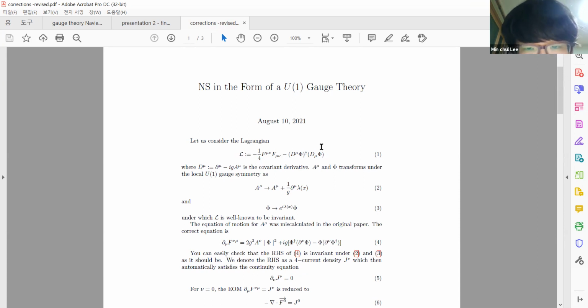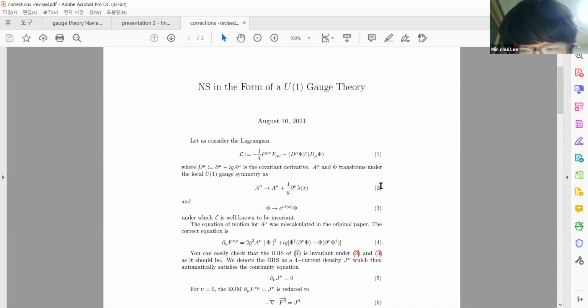And we have a Lagrangian, and I believe you're familiar with the Lagrangian. And we impose a local U(1) symmetry. That is, lambda is a smooth function, and we assume that A and phi are actually cross sections on the U(1) bundle over the base space R4, and they transform like this.